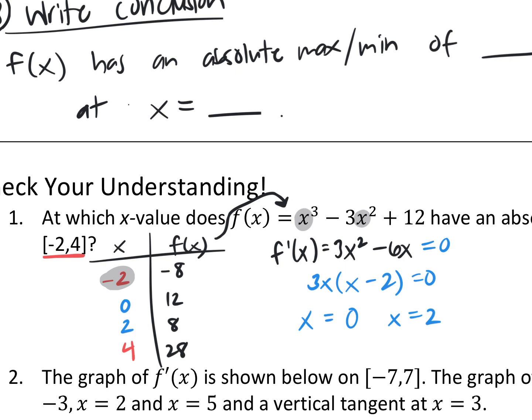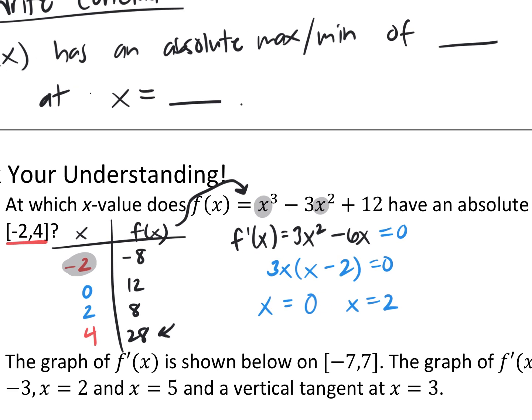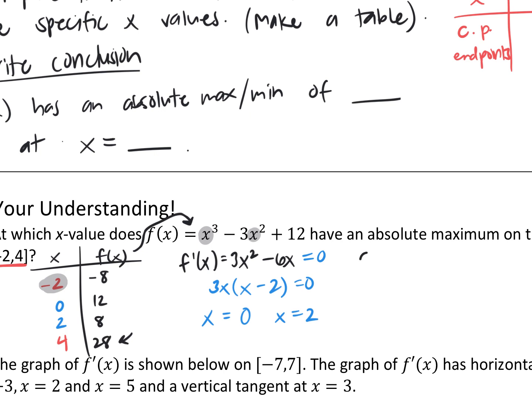So now looking at this table, I can see my absolute maximum for this function would be at the point what? 28. Okay, so we can say something along the lines of f of x has an absolute maximum of 28 at x equals 4.